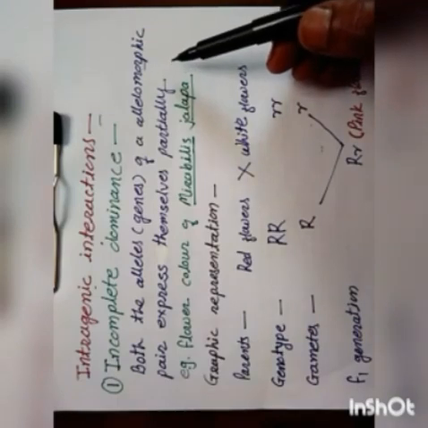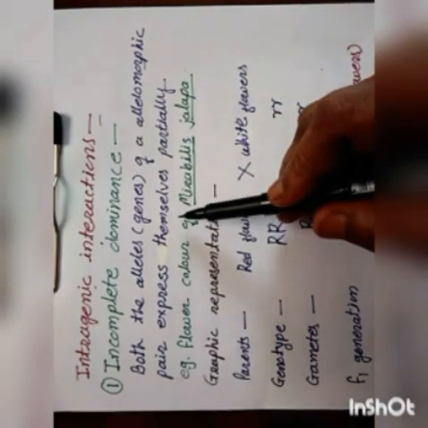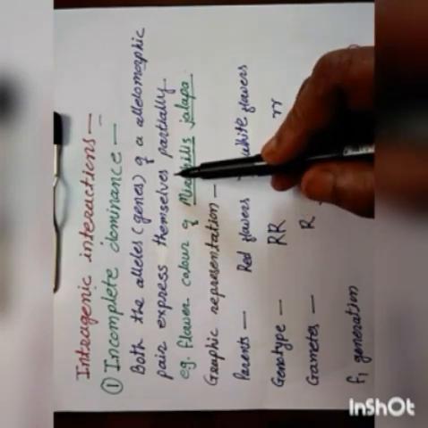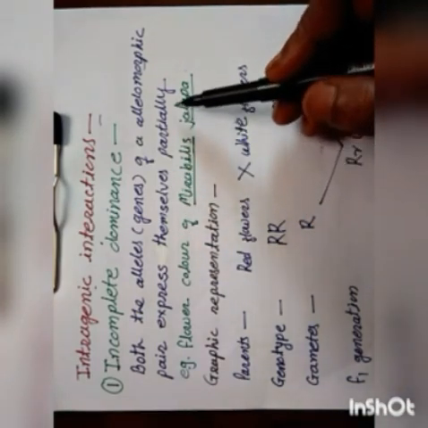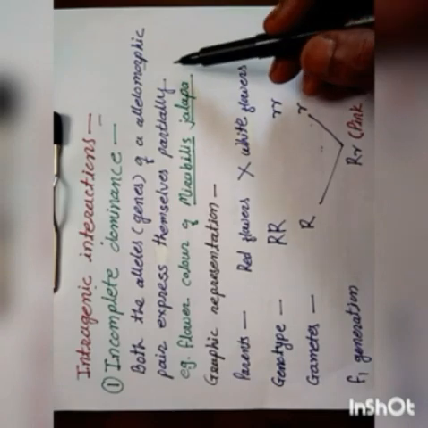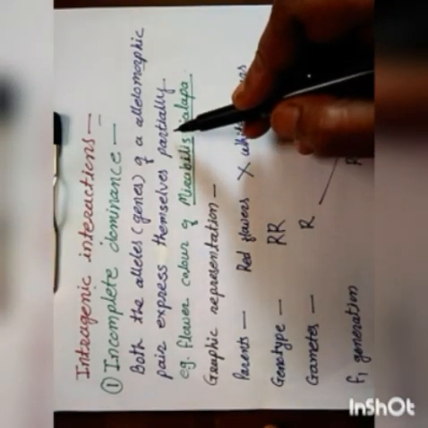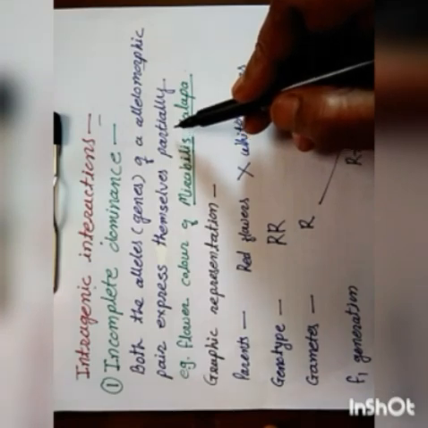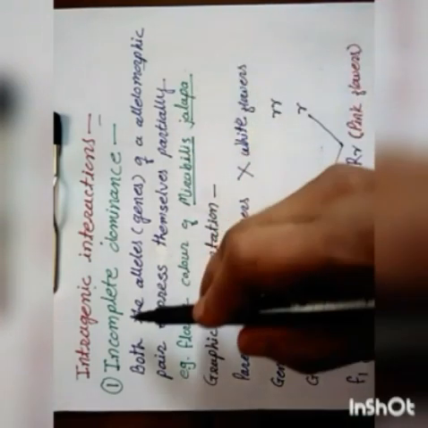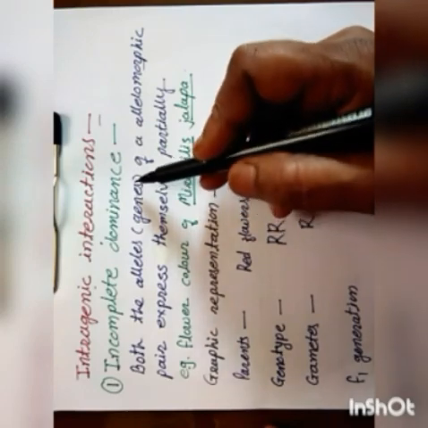It means that no one allele is dominant or recessive. Due to this, intermediate characters are produced in F1 hybrids. That's why it is called incomplete dominance.